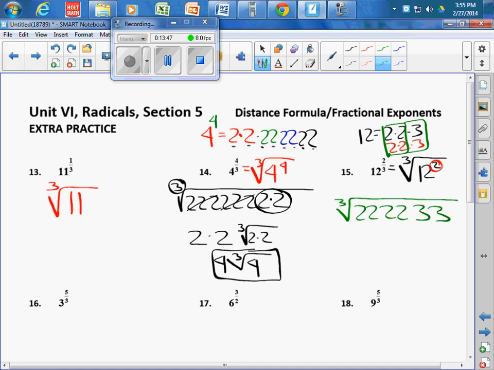Just write out all the prime factors. And I'm looking for 3 of them to be the same to be able to pull 1 out. Here's 3 of them. I pull out a 2. All of the rest go back underneath because I need 3 to pull 1 out, and I don't have 3, so I'm going to be multiplying 2 times 3 times 3 back together again. So I'm going to have as my final answer 2 times the cube root of what? 18. Final answer.